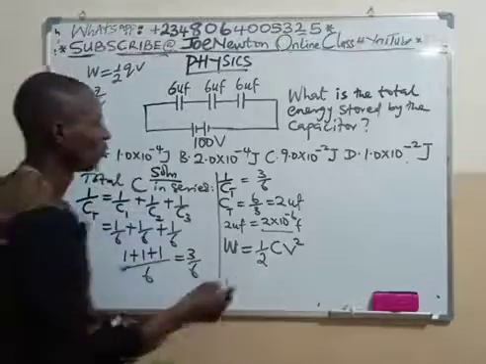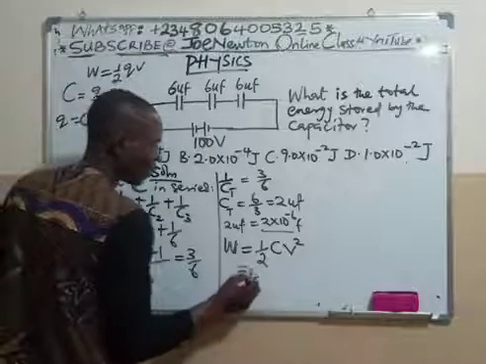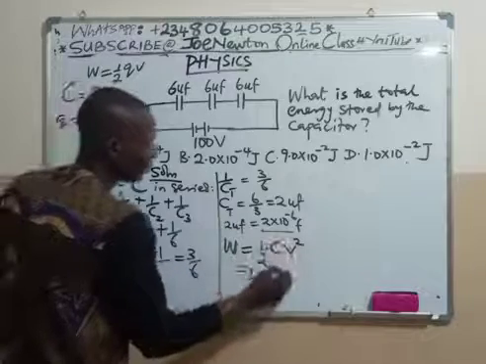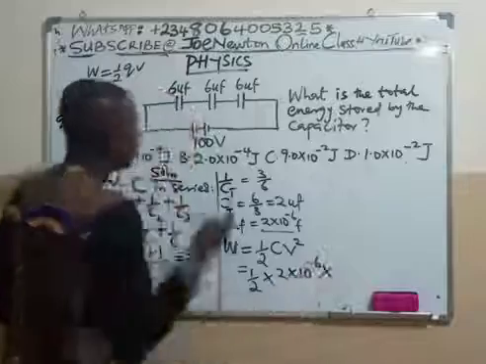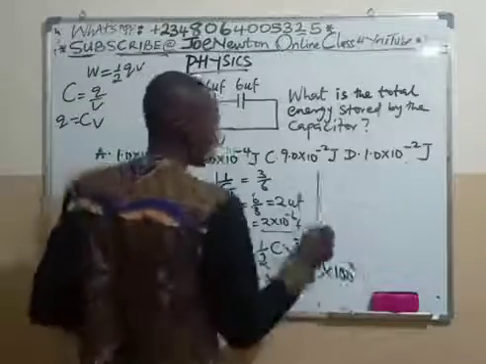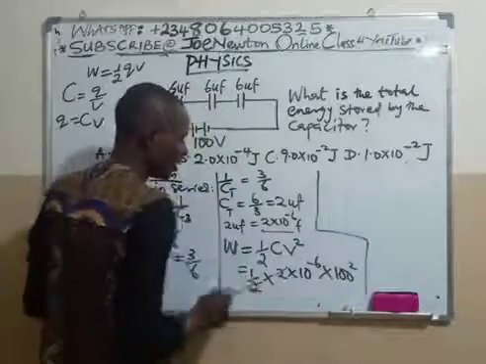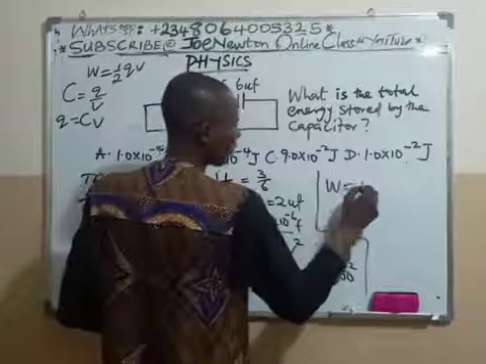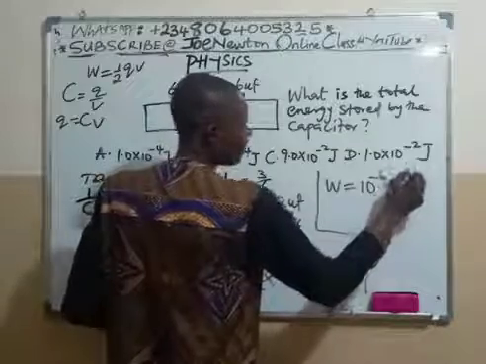Applying this now, we have 1 over 2 times our C, which is 2 times 10 raised to power minus 6, times our V, which is 100, squared. Of course, we cancel the 2 here. We are left with work done equal to 10 raised to power minus 6 times 10 raised to power 4.